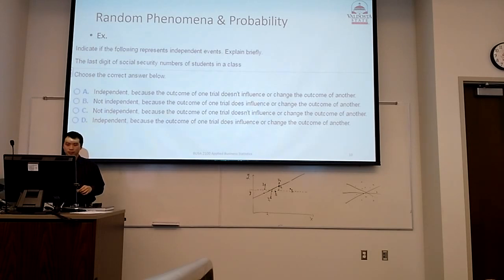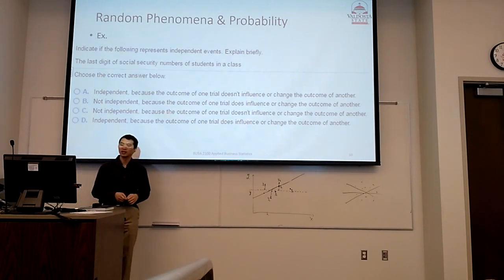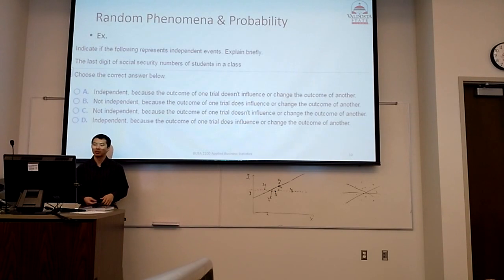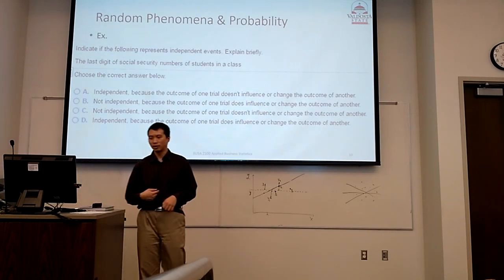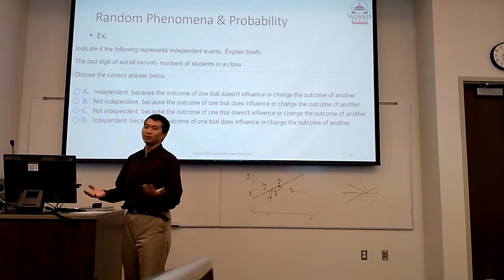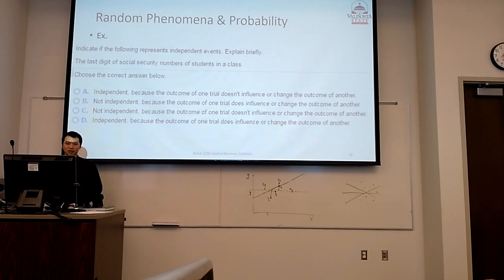A. Independent because the outcome of one trial does not influence or change the outcome of another. So does my social security number affect yours? No, right? So independent. Okay? So that's one example.